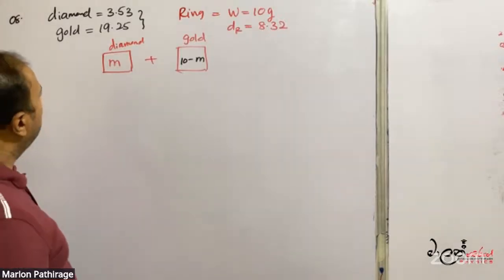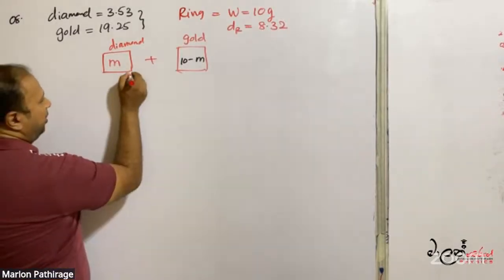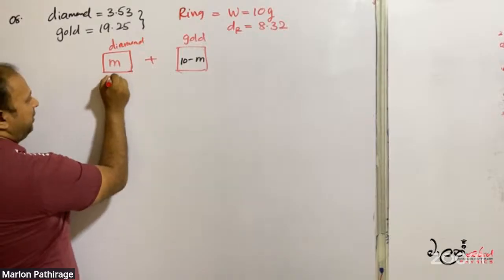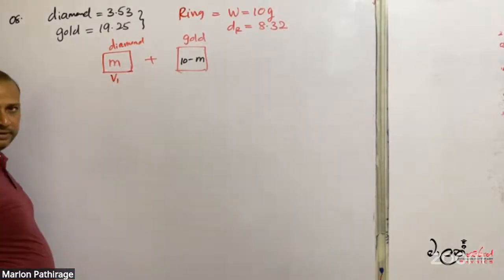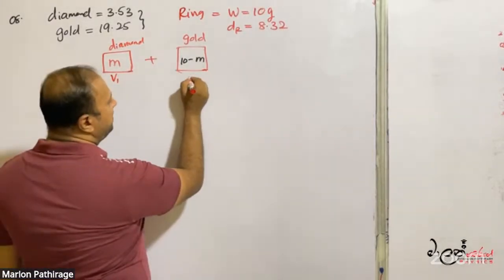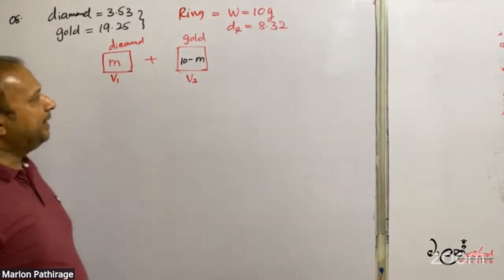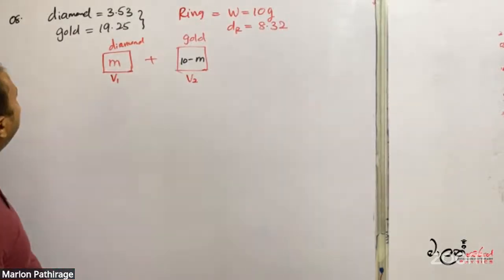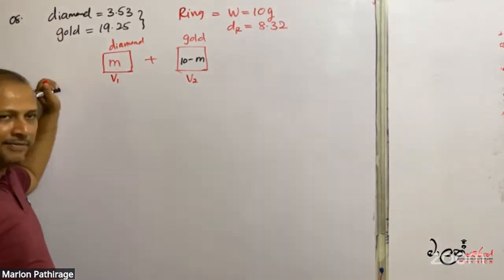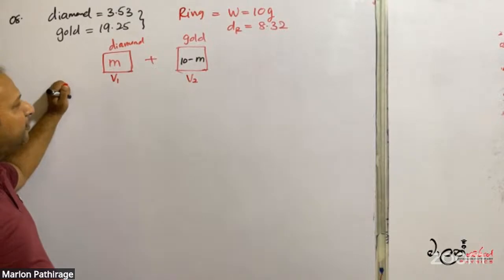Then if the volume of this material is V1 and if the volume of this material is V2, then the relative density of diamond is 3.53.